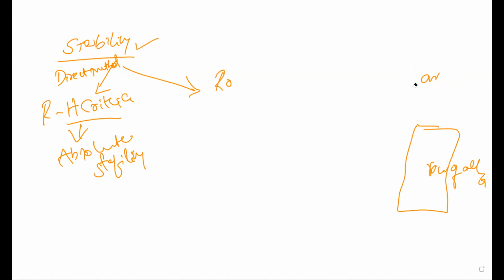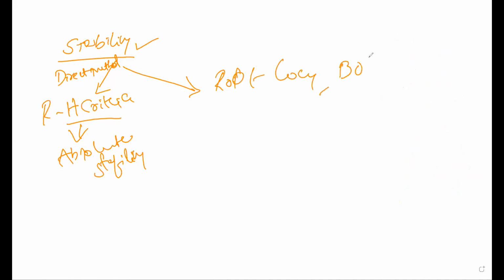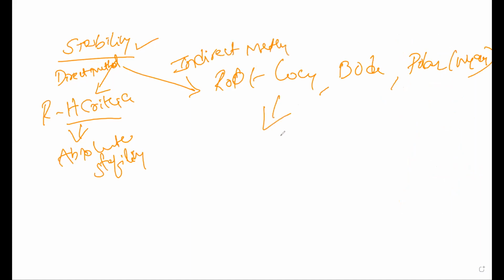But coming to root locus, Bode, polar or Nyquist, they are indirect methods. Here we have to find relative stability.